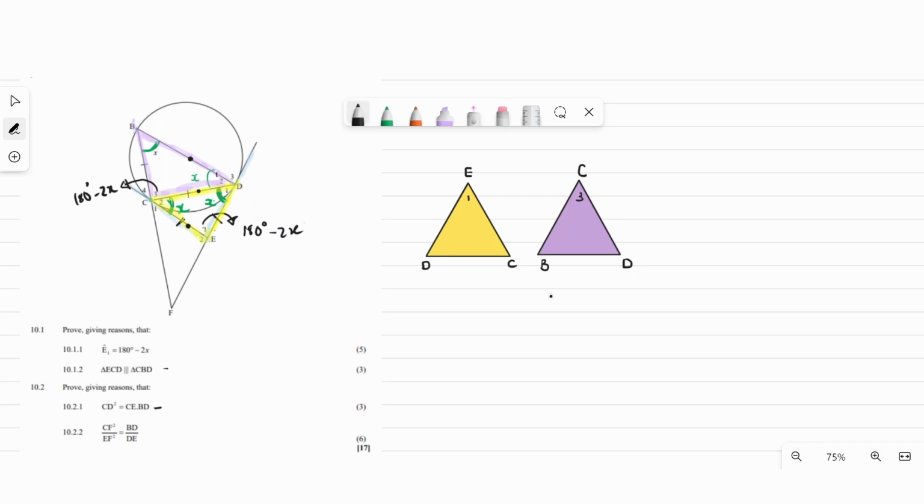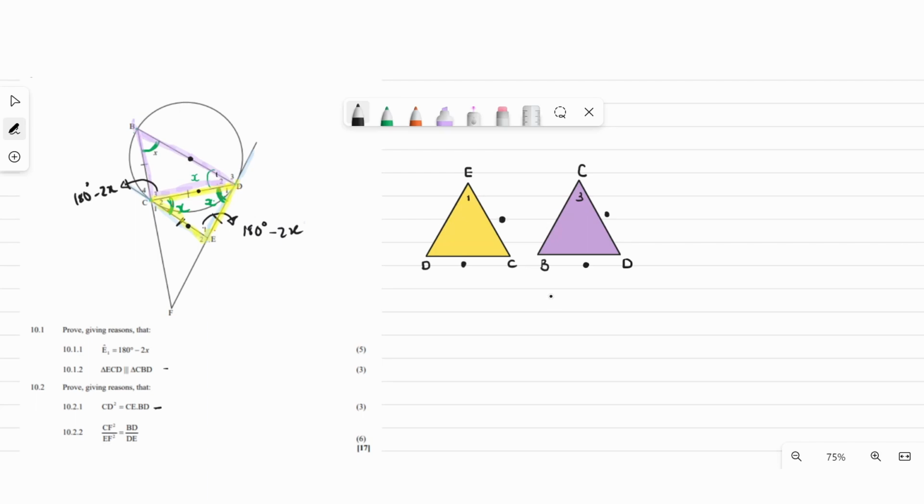So what we need to do after drawing your triangles is match up the sides that they talked about. We see from the first triangle, we have CD, which is here, and then we have BD, which is here. Then in the other triangle, because it's CD squared, we also have CD, which is here, right? And we have CE, which is this one.